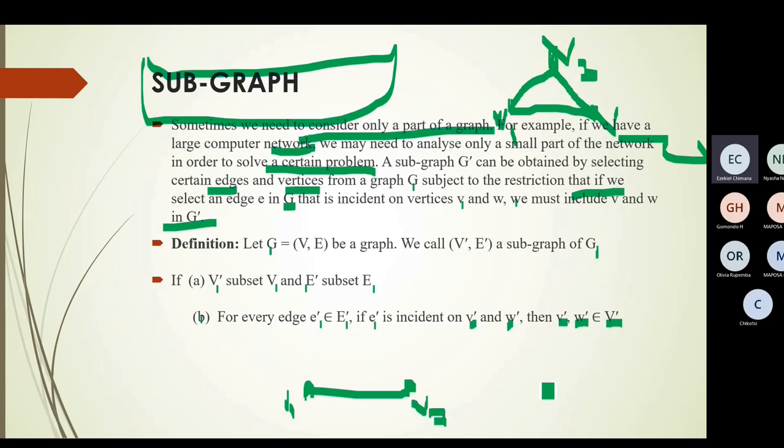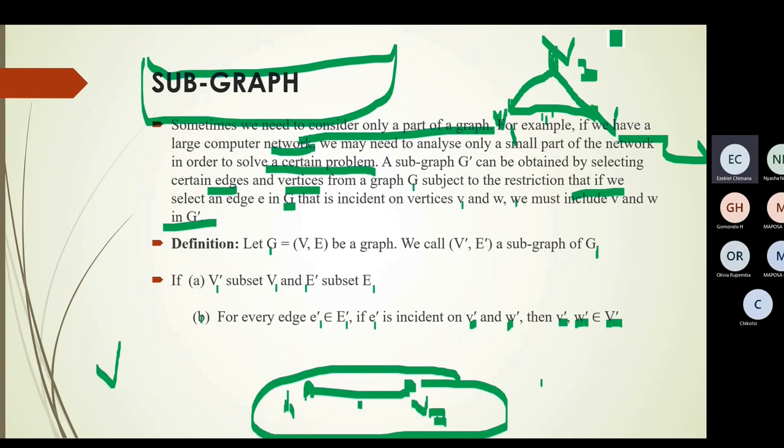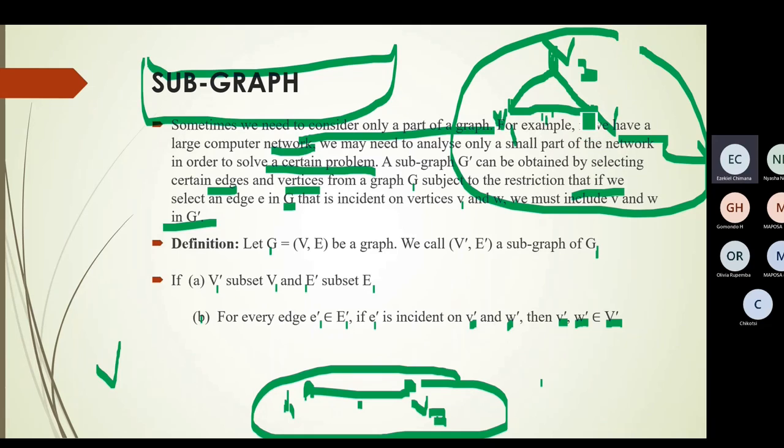It's a subgraph. Why? Because V1 and V2 are a subset of our vertices V, which consists of V1, V2, and V3. And we've got this edge, which is incident to V1 and V2. This edge here, you see, is also here. Maybe you can name it E prime or E1 or E2. So this one will be our subgraph of this graph. This will be the original graph, and this one will be our subgraph.